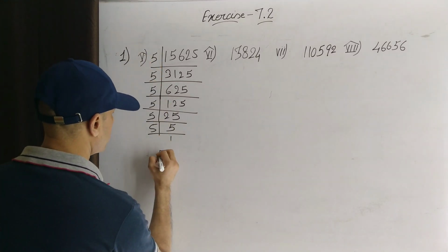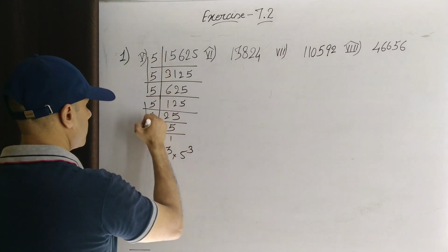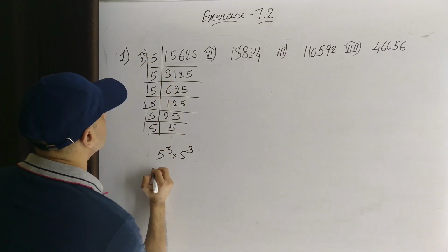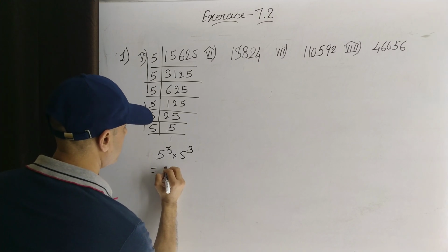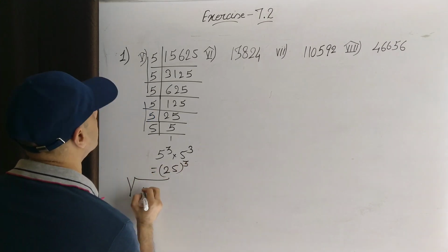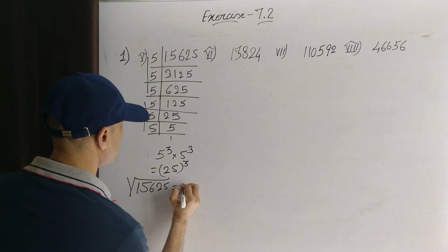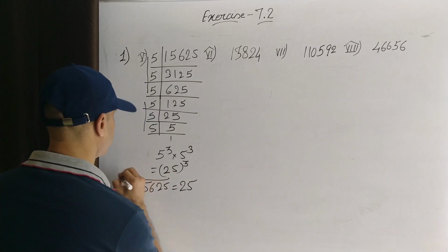So we can write this as 5 cube into 5 cube. So we have got 5 into 5, 25 cube. So cube root of 15625 is equal to 25. Clear?